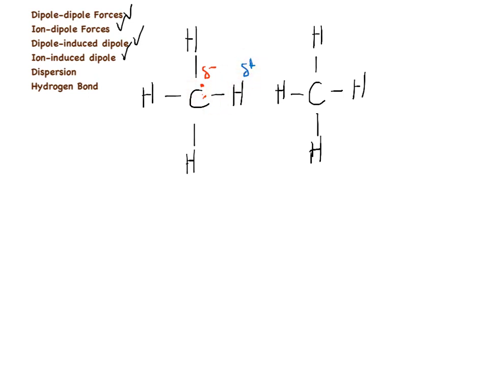This positive charge is therefore going to influence the electrons in this bond right here, which is going to attract the two electrons in this bond between the hydrogen and the carbon to right here, therefore creating a partial negative charge right here and a partial positive charge here. So therefore inducing a dipole over there.